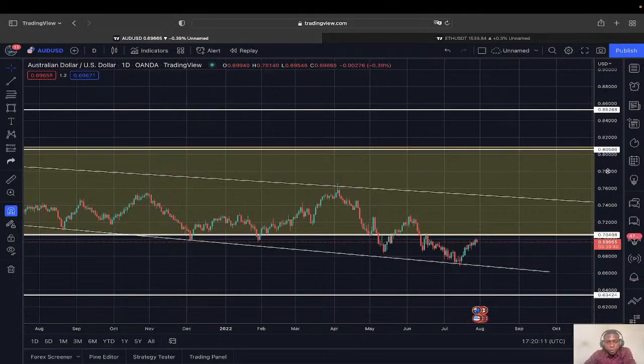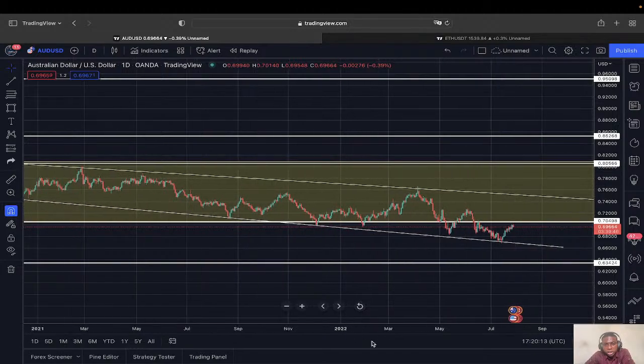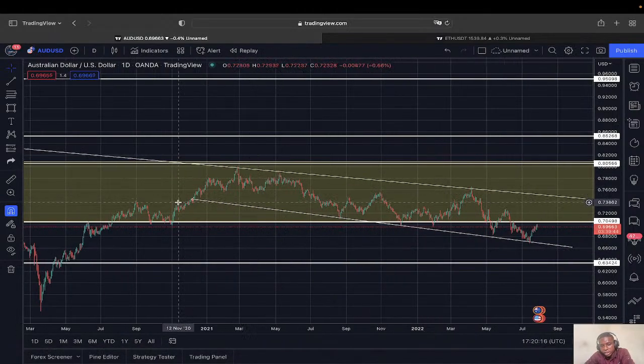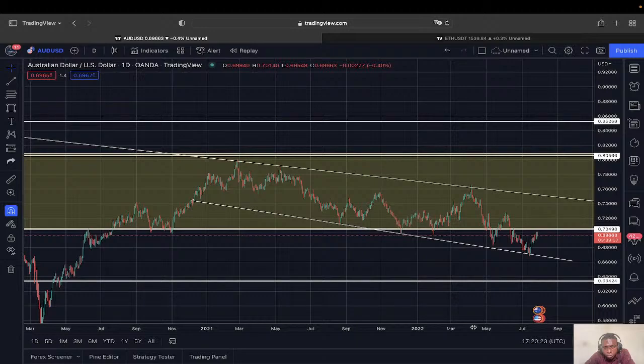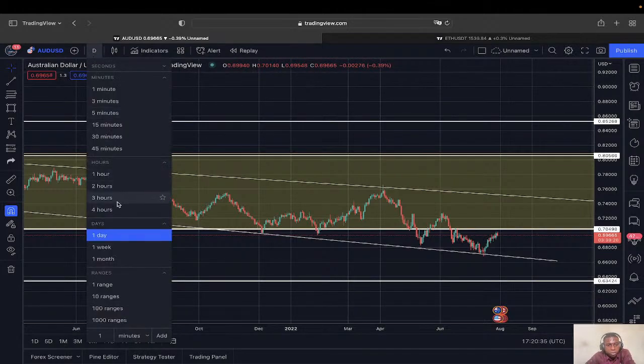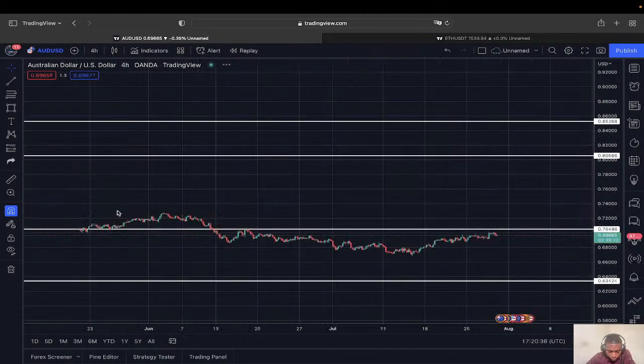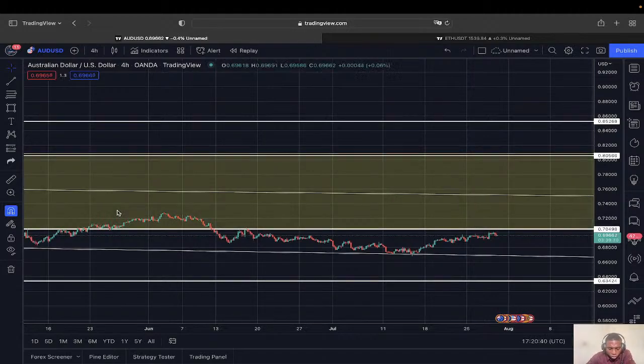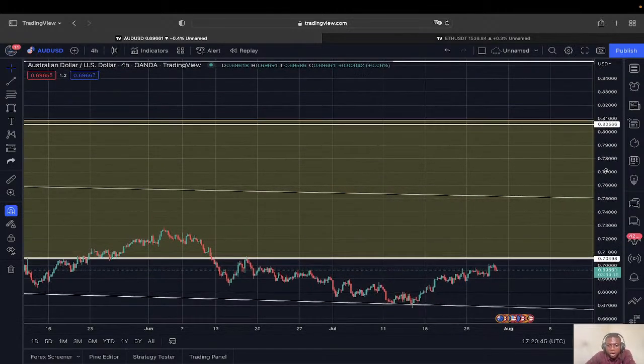So now we look into what is currently going on here. Now we have a channel where price is fluctuating, and we want to determine what direction price would go next or might go next. Now let's go to the lower time frame, the 4 hours time frame, which helps us to see what is happening in the past 4 hours.